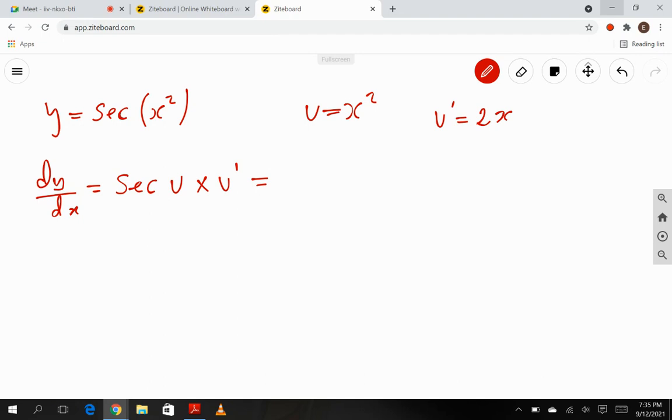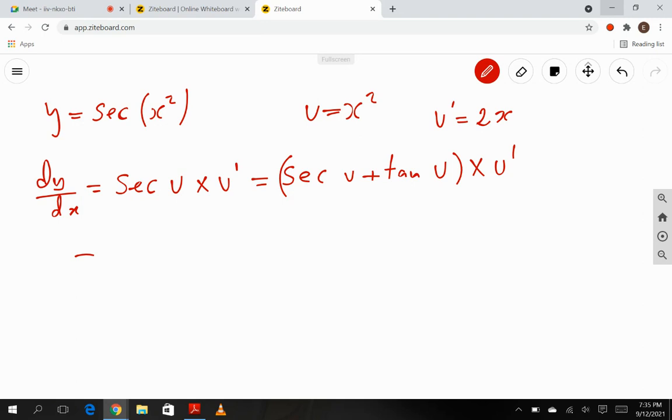So what is the derivative of sec u? It's going to be sec u tan u. Then remember we are multiplying by the derivative of u, which is 2x. That makes sense, right? Or if you want to make it more uniform, just put u prime.